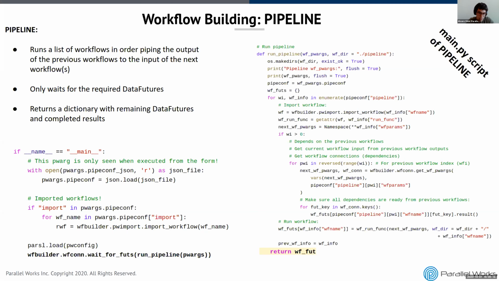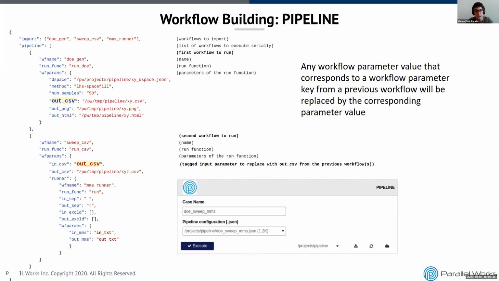This function basically recursively goes through the dictionary searching for values that have a result method in them and executing the result method. So that's when your output txt files would be merged into a CSV file in this example. And the pipeline workflow just takes a case name and a pipeline configuration file.